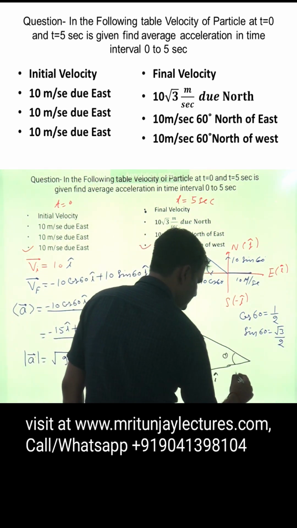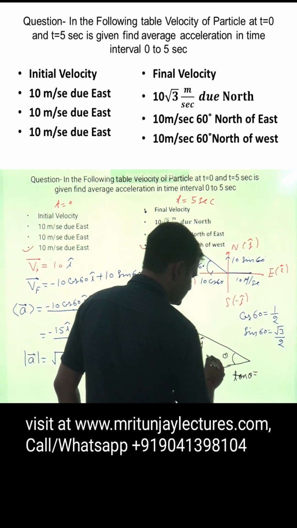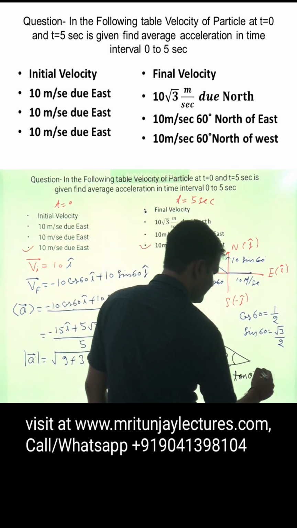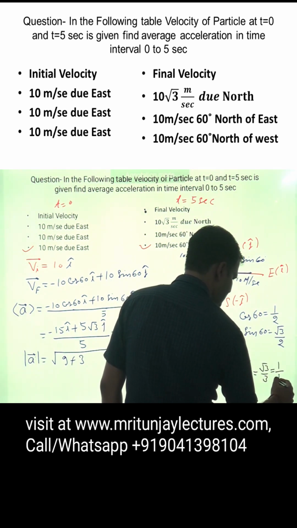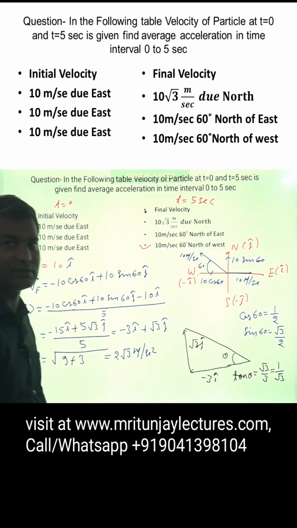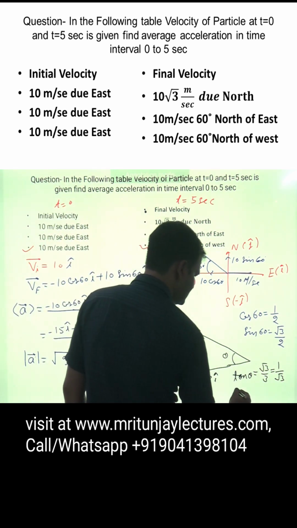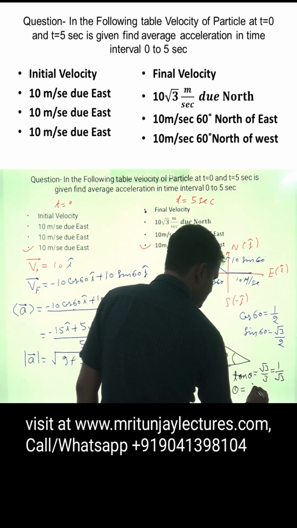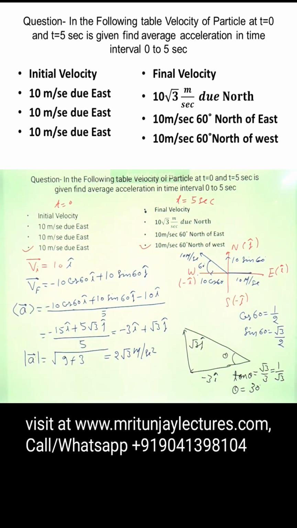So tan theta is root 3 divided by 3. It is written as 1 by root 3. Tan 30 is equal to 1 by root 3. So theta is written as 30 degree. Clear or not? Theta is 30 degree. Clear?